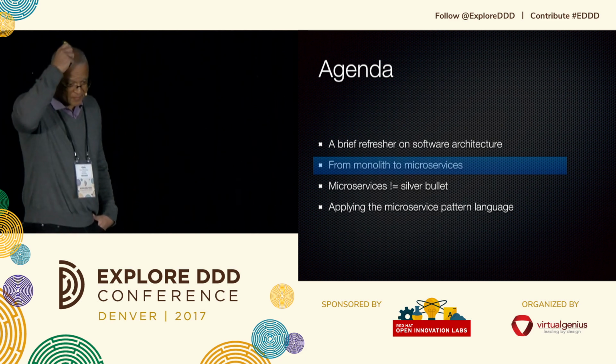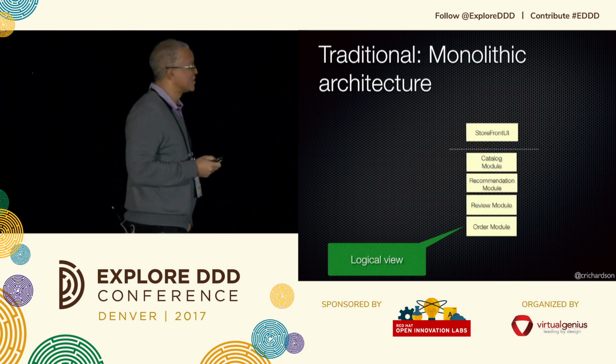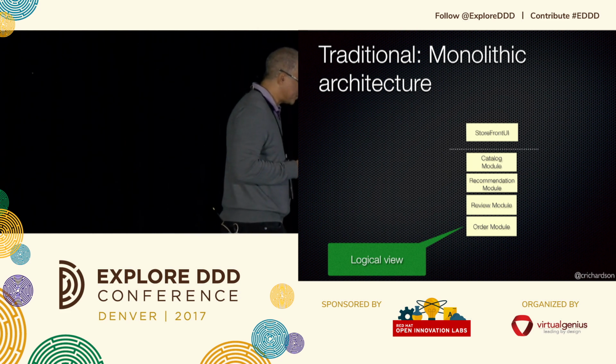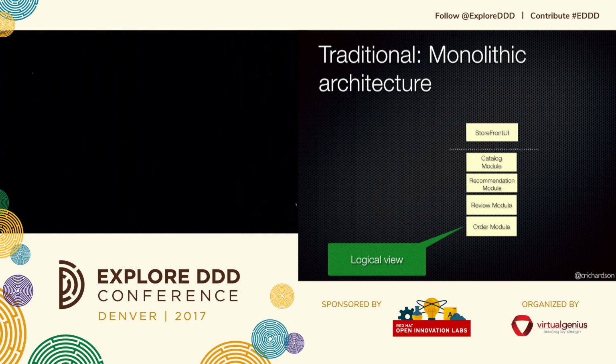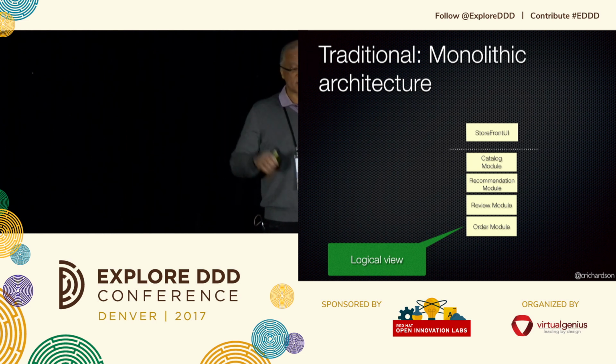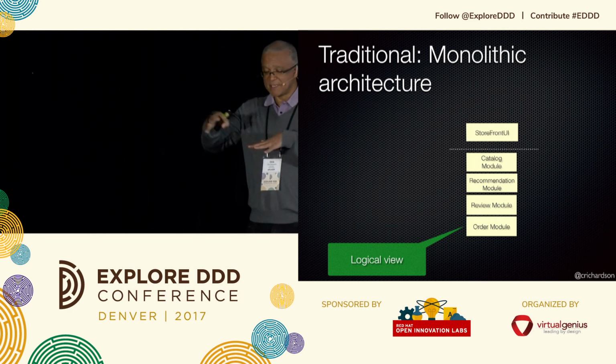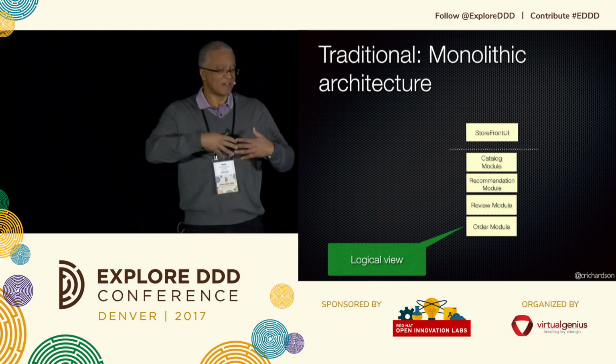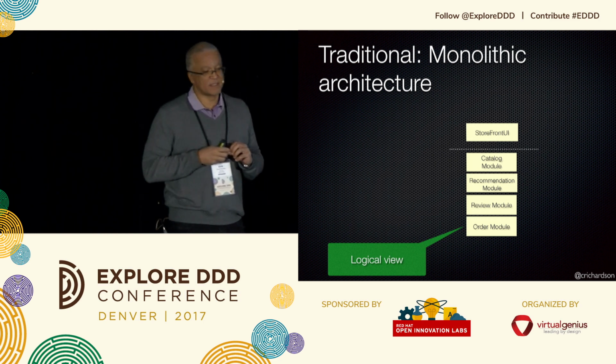So, imagine you're working on an online store. You might have a logical architecture that looks like this, where you will have layers, a presentation layer. You're going to have a data access layer, and the business logic tier layers have been merged into one in this diagram.